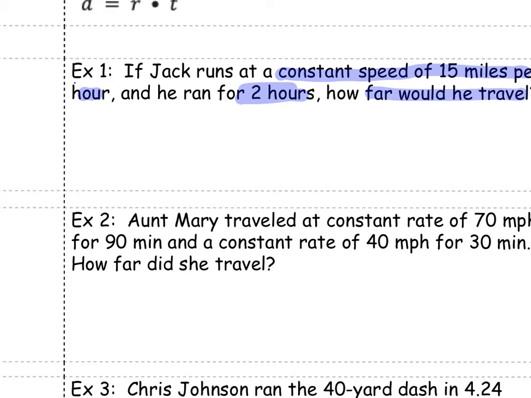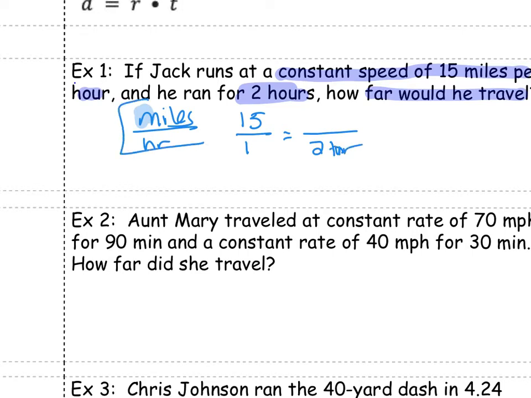So we have to remember that we are doing miles per hour, and our speed is 15 miles per 1 hour. And it says how far would he travel in 2 hours? I'm really hoping that, as you have the ratio label set up off to the side, I can see that all I have to do is multiply by 2 and multiply by 2.